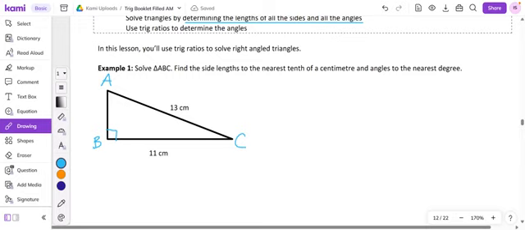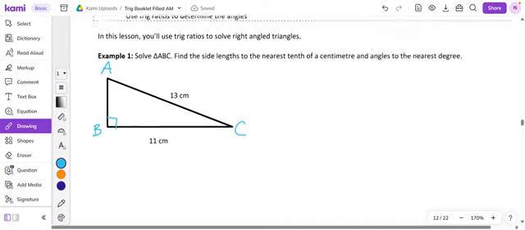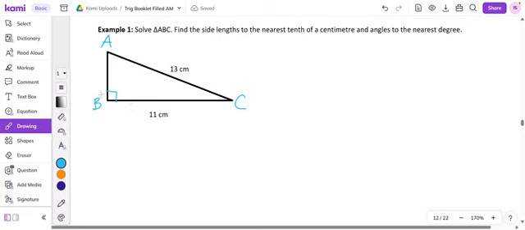Show me with your fingers, how many pieces of information are we given about this triangle? Good. Lovely. I see that we have 3 pieces, 90 degrees and 2 sides. Okay, so we can't start with C because we don't have any angles. So let's start with finding the angles.